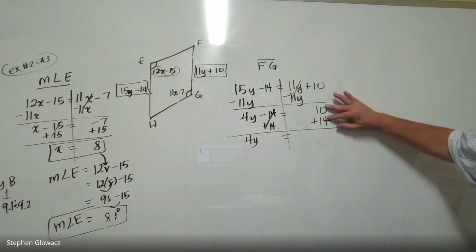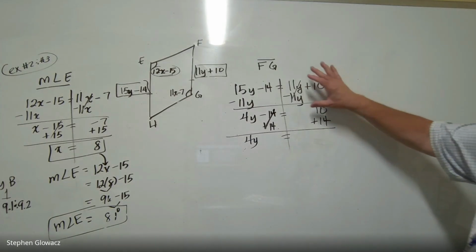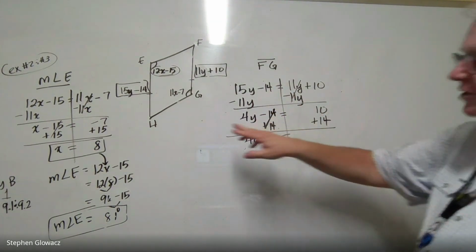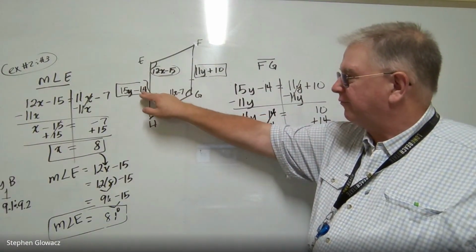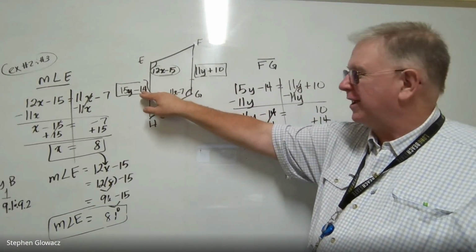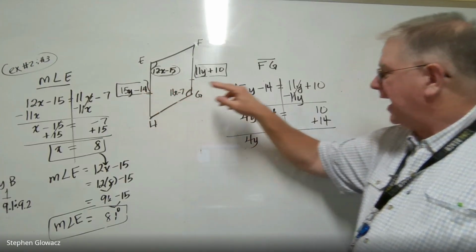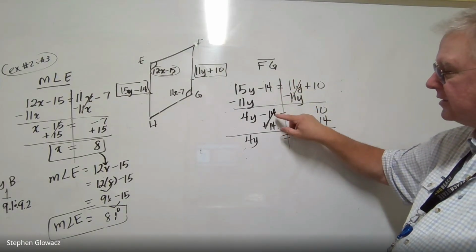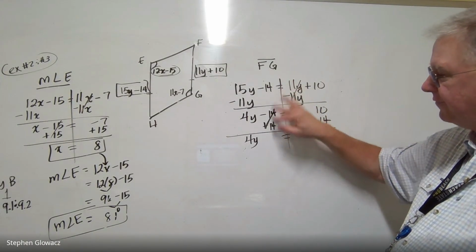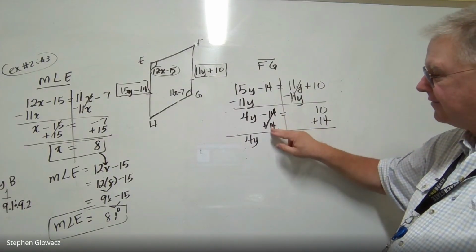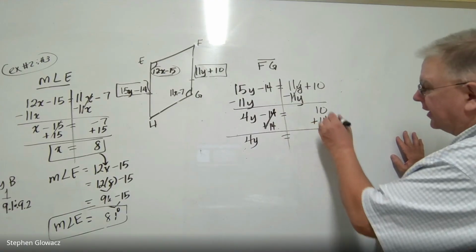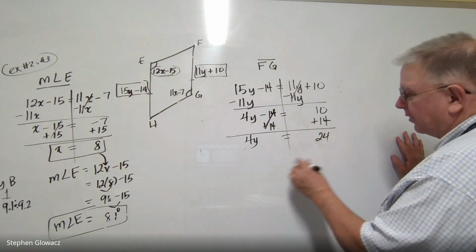All right, so now we have 10 plus, and notice how quickly that was fixed without having to erase everything. So we saw that should have been 14. That's what I wanted to put there. And so I change it here, and I only change what that affects. So I brought it down, nothing else happened. And this should be adding 14, so they cancel. So we're good. 10 and 14 is 24.